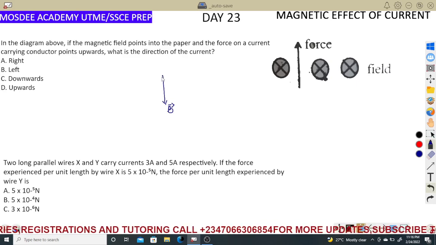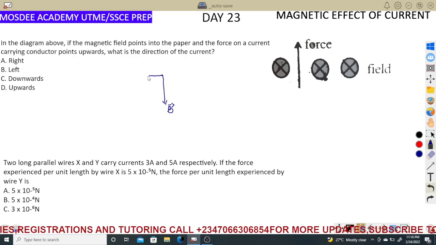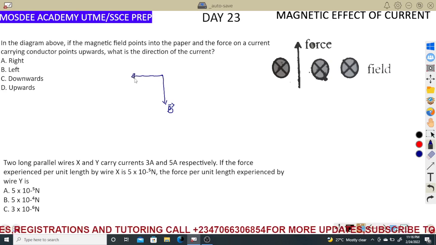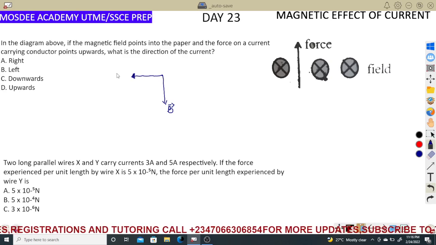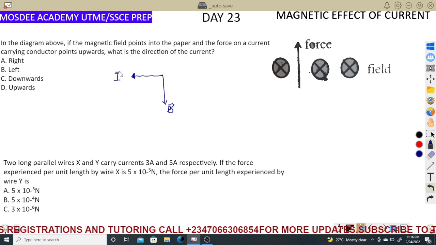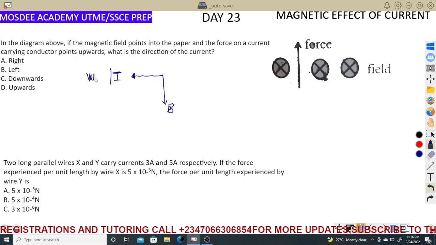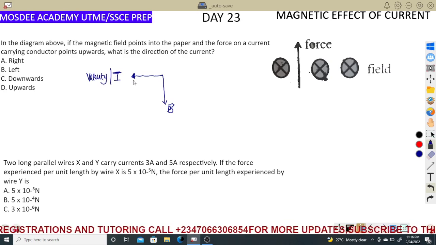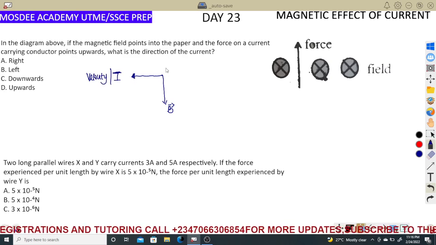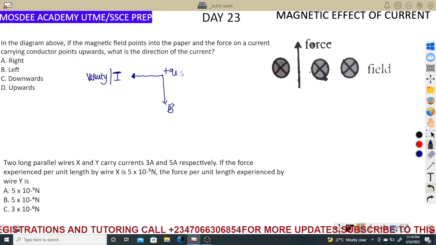Now, charge can be positive or negative. This is what we do in physics: we say the direction of the current or the velocity points towards the left if it is carrying a positive charge.